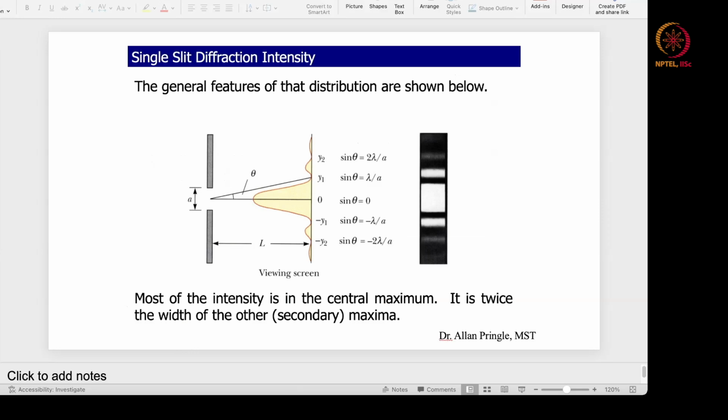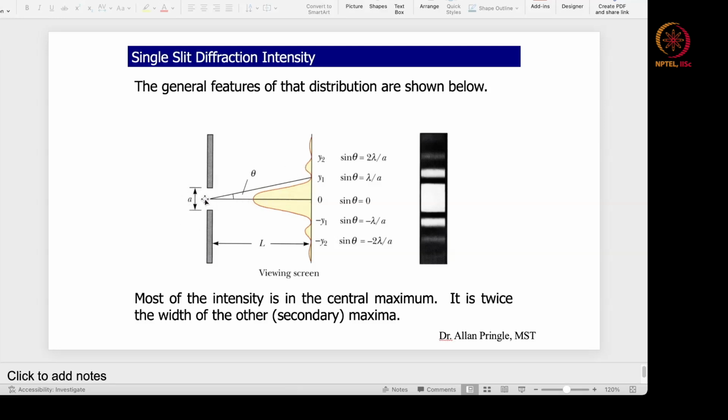Now in the single slit diffraction intensity, if we look at this, these are the general features of the distribution. So this is the viewing screen. The screen is at a distance of L from the slit. The slit has a width of A, and this is the angle.